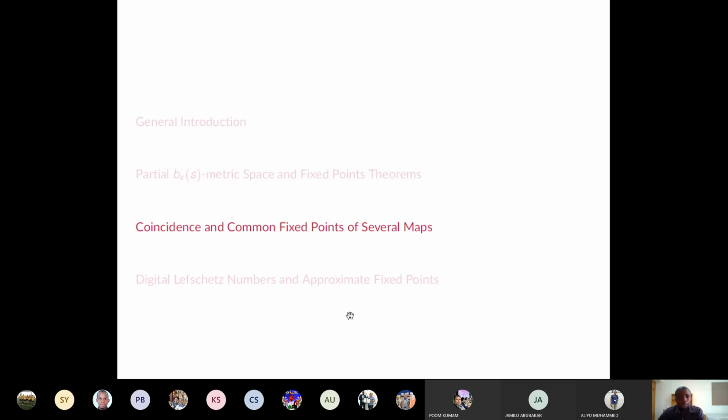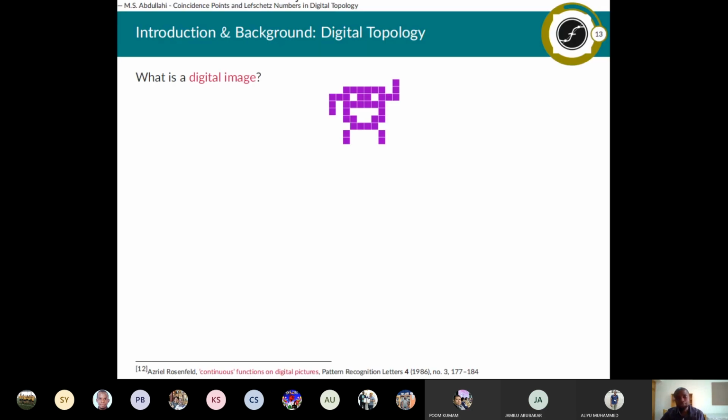Now we are going to move to the digital topological setting, and I'm going to talk about the coincidence and common fixed point of several mappings in this direction. But I will begin with the definition of a digital image. A digital image is just a set of a finite number of pixels that has a particular value and a particular position.